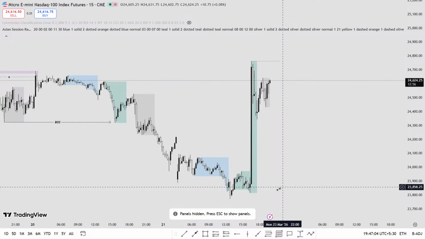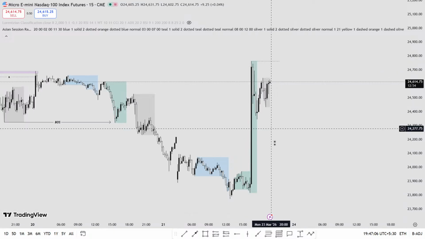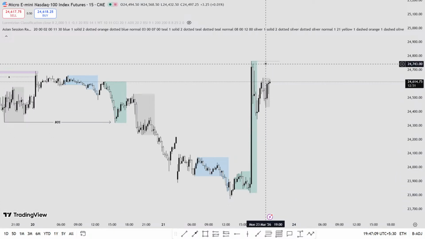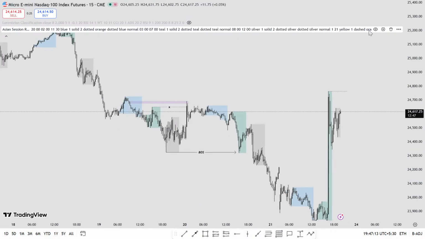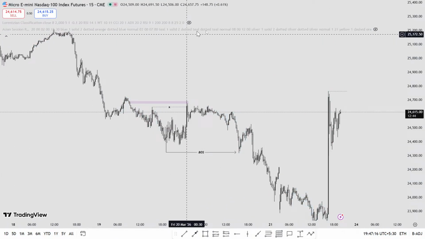So this is the London kill zone. Market created a high and market created a low. So once the market takes this high, then we can look for the sell to the downside, if it sweeps or creates any kind of SMT divergence.